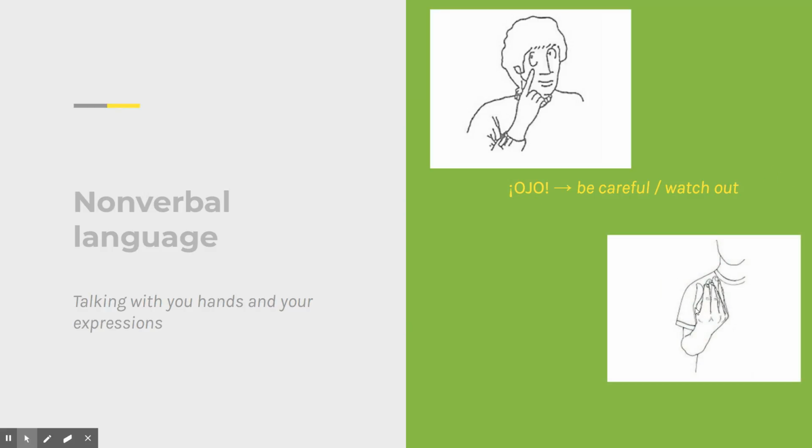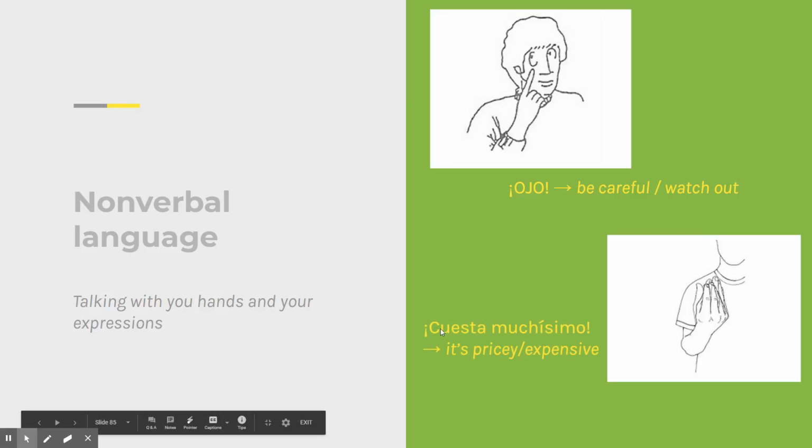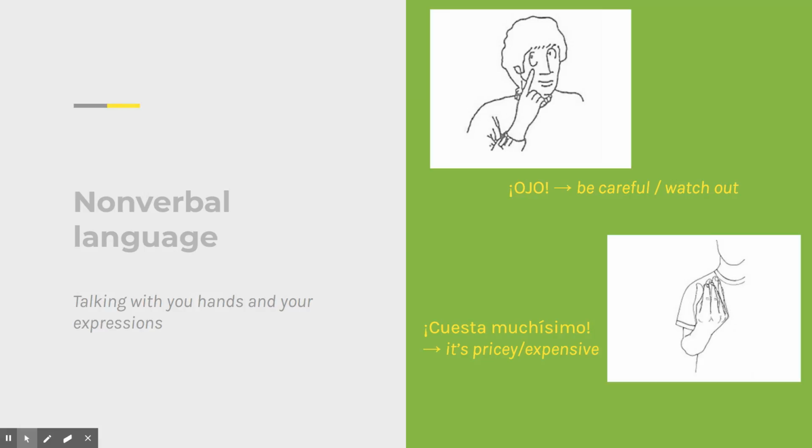Another thing is if you rub your forefingers against your thumb, especially if you're talking about, let's say, clothing, for example, that can mean cuesta muchísimo. It costs a lot of money. It's very expensive. It's pricey. So those are two nonverbal things that you can say without using any words.